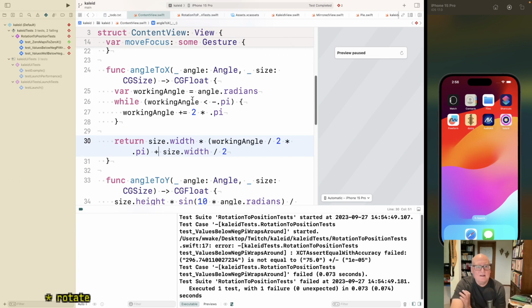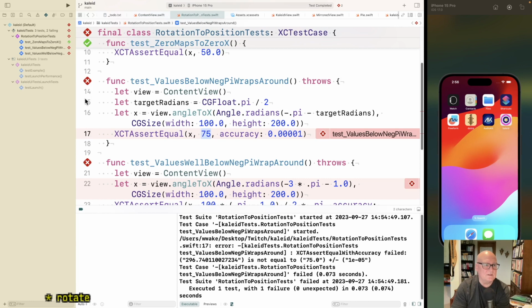Okay. While it's less than negative pi, we add 2 pi to it. That seems like it should get. All right, let's track it. See if we can get this to there.